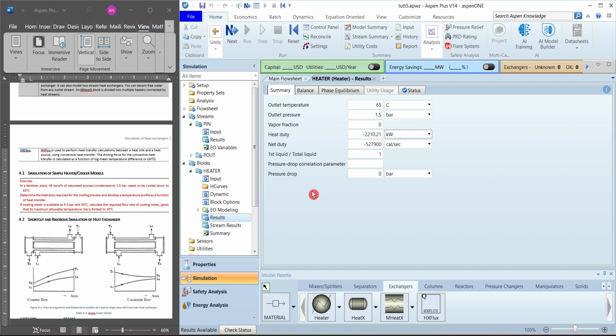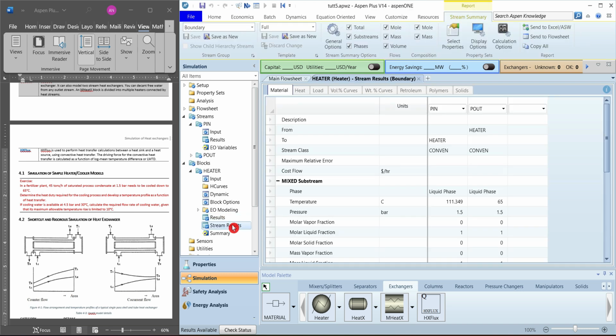At the same time, you can check the steam results, the summary of the stream, at least the temperature. The outlet temperature we have specified. For the inlet temperature, we have just specified the vapor fraction, and that vapor fraction corresponds to a temperature of 111.34 degrees Celsius.